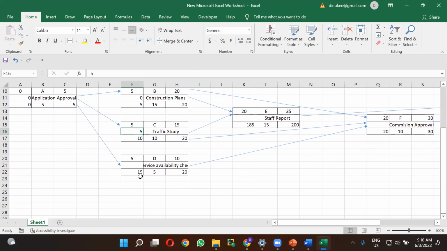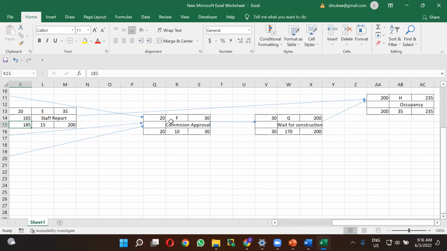Right. So for the D activity, you can take the 15. From 15, deduct the early start time of 5. It means the slack for the D activity is 10. Right. So for the E activity, from 885, you have to deduct the 20. It means slack is 165. So for the F activity, right. I'm just putting in the answers that you are giving me.